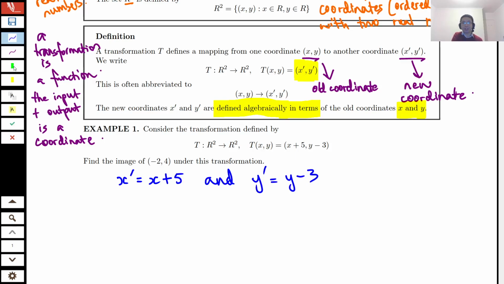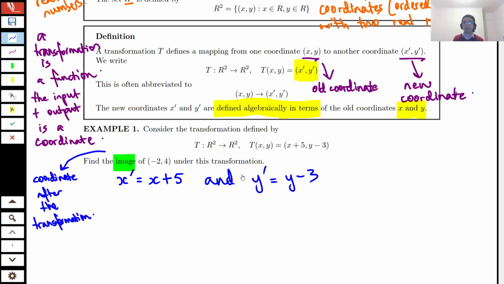This question says, find the image of the coordinate (negative 2, 4). The word image just means the coordinate after the transformation. Doesn't have to be a coordinate, could also be a function as well. But we'll stick with coordinate because that's what this question is asking about.